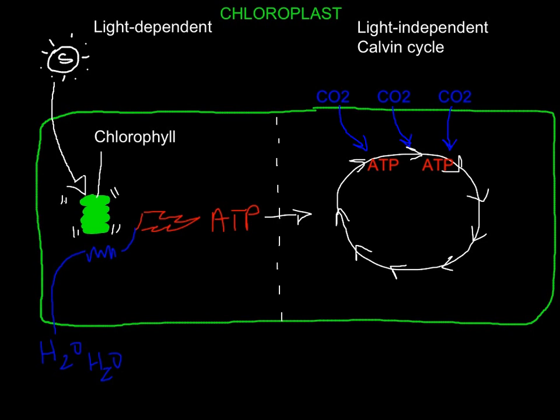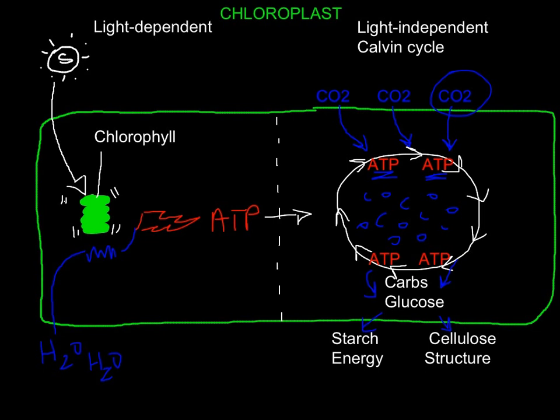When CO2 enters the chloroplast and gets attached by some proteins inside there, and ATP energizes those proteins, it's going to rip apart the CO2 molecules into their individual carbons and oxygens. So these atoms are going to be now free to be built into some new molecules, and it's those molecules that are then going to go on to be able to power and to build the rest of the plant.